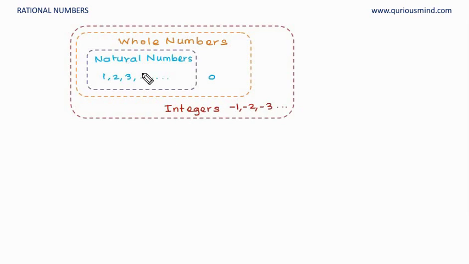Now after that we also realized that we wanted to show numbers between 1 and 2, the numbers which lay between 1 and 2 or 2 and 3.